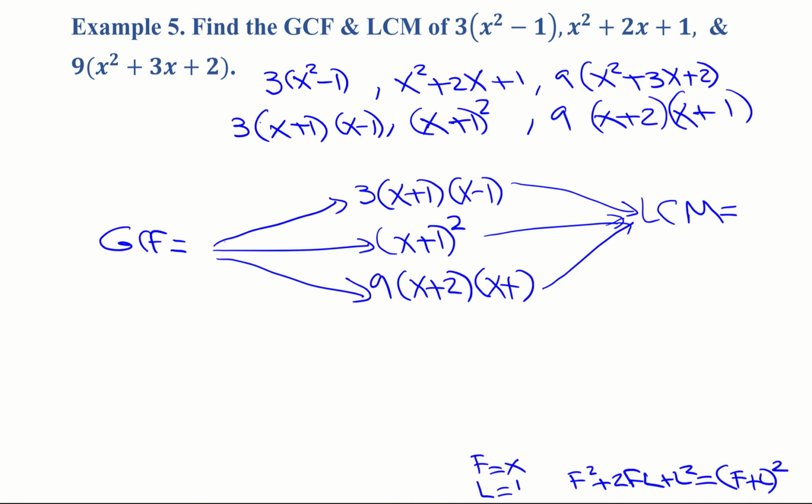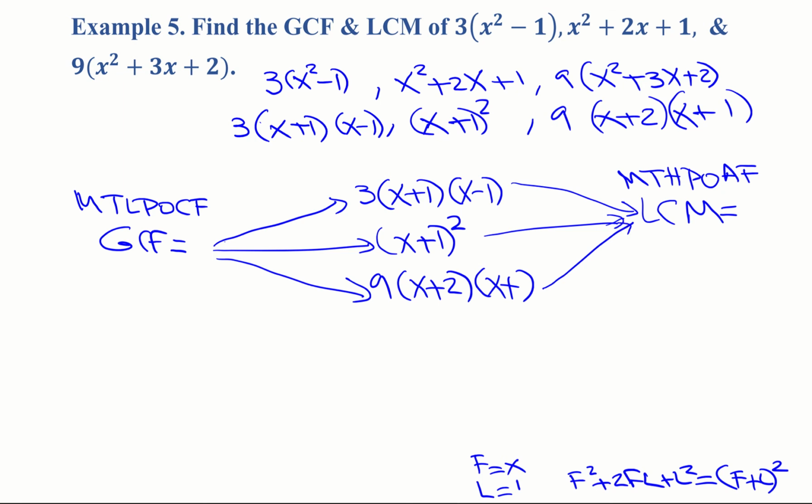And remember the procedure. For the GCF, we're going to multiply the lowest power of only the common factors. And for the LCM, we're going to multiply the highest power of all factors. Because remember, we need something large enough for them all to go into.